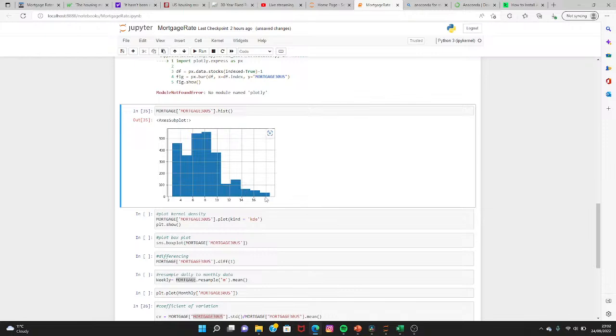That means only in very few years in the last 50-60 years did we see a mortgage rate above 10%. So you see the bars here for 10%, 12%, 14%, 16%, 18%. That's quite low. But it has happened; a mortgage rate above 10% was there in history.